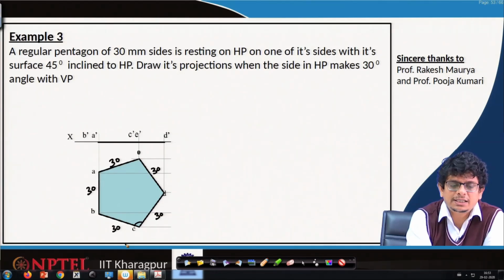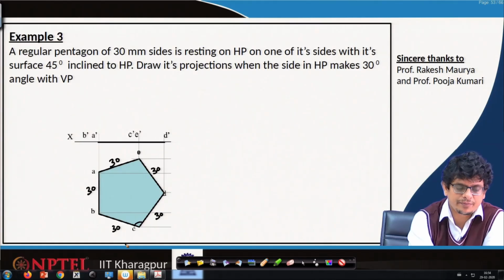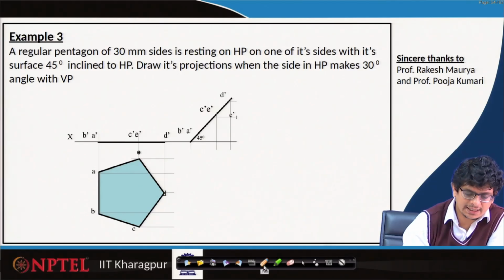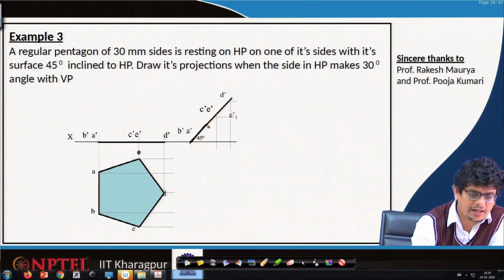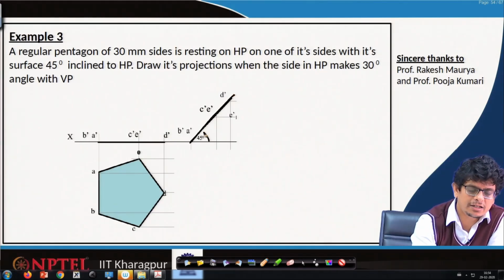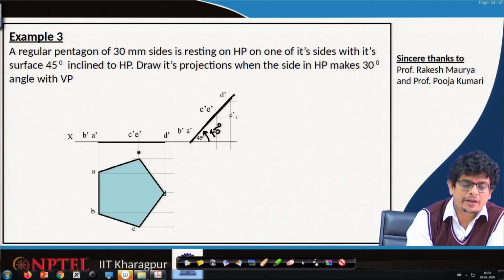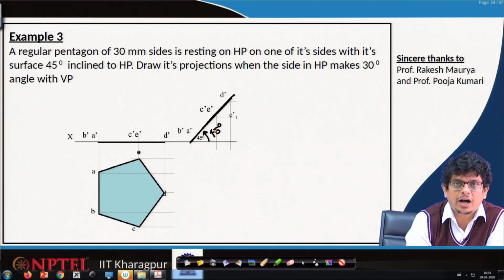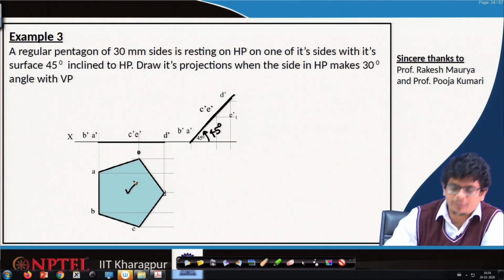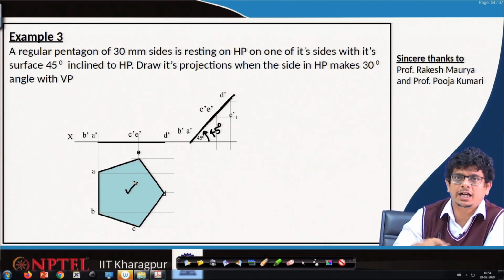Now, its side is resting on HP and its surface is 45 degrees inclined to HP. So, if one of the sides is making 45 degrees, in the front view we will see that 45 degrees. If the pentagon is completely resting on the horizontal plane, we see that entire shape.